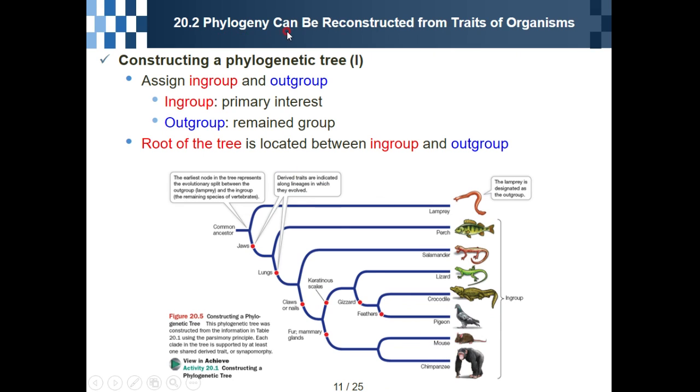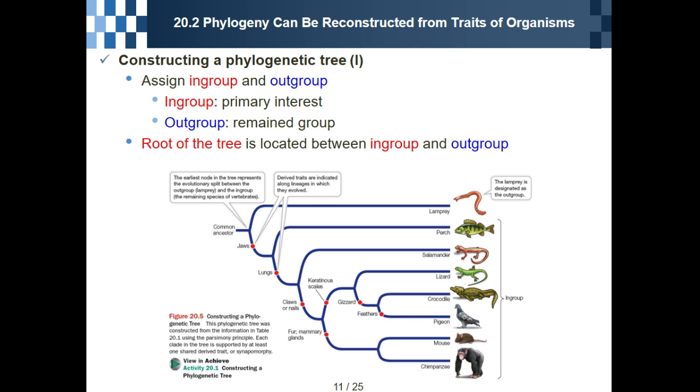So phylogeny can be reconstructed from traits of the organism. In this slide, we will show how to construct a phylogenetic tree. First of all, we have to assign the in-group and the out-group. The in-group is the primary interest.